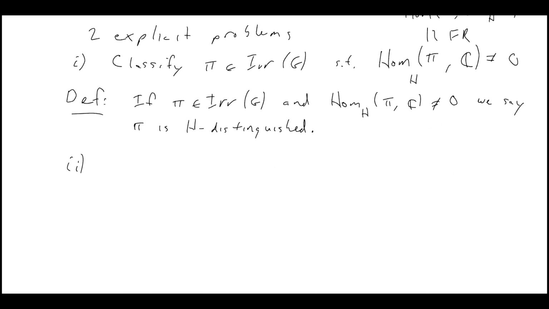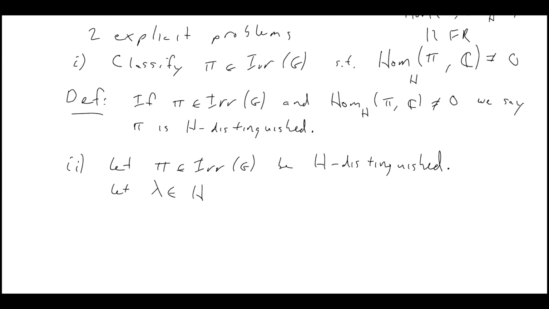Now let's suppose that pi is H distinguished. Let's choose some non-zero H-invariant linear functional lambda, and some non-zero vector v in the space.